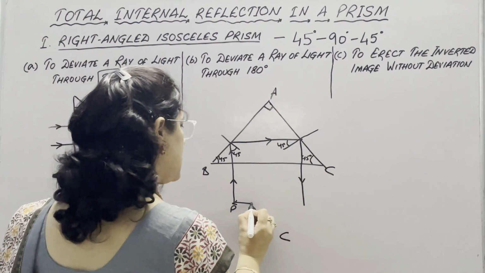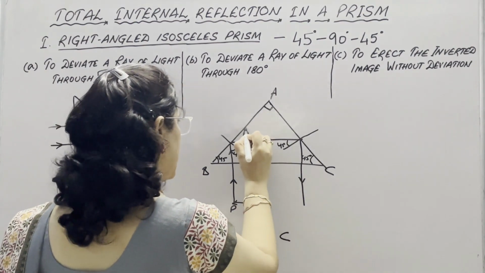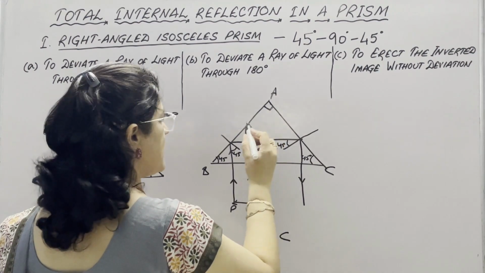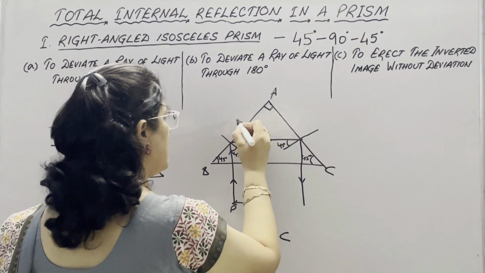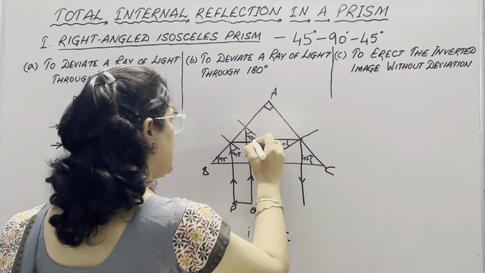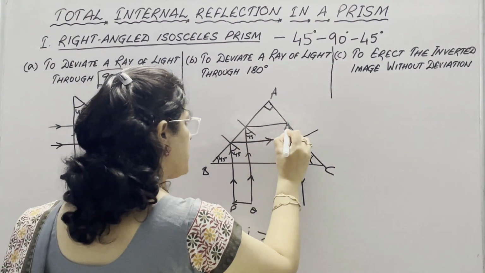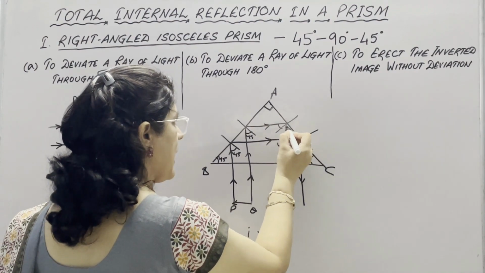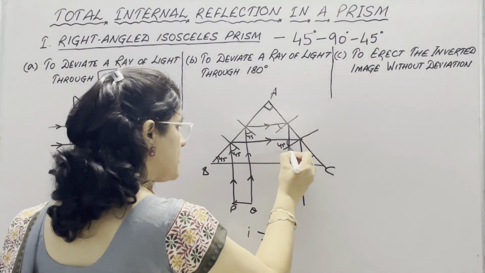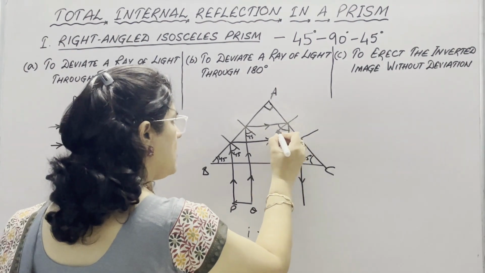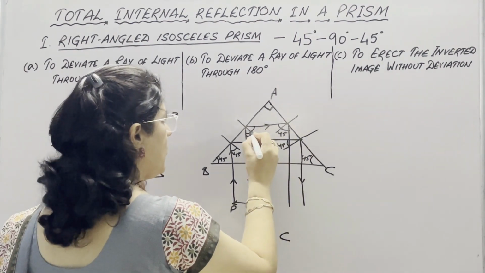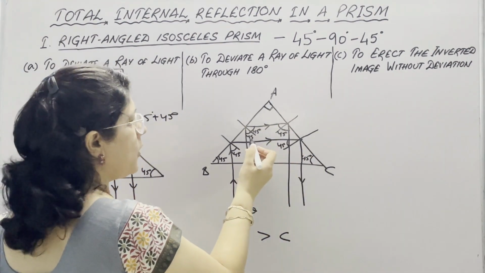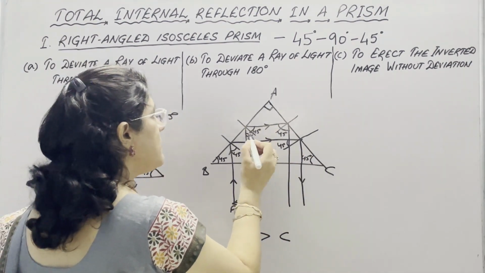Second ray goes in the same way, passes undeviated, strikes the first surface AB, making an angle of 45 degree, becomes parallel, again making an angle of 45 degree and goes straight. It means here also 45 degree, here also 45 degree, because when total internal reflection occurs, then angle of incidence and angle of reflection become same.